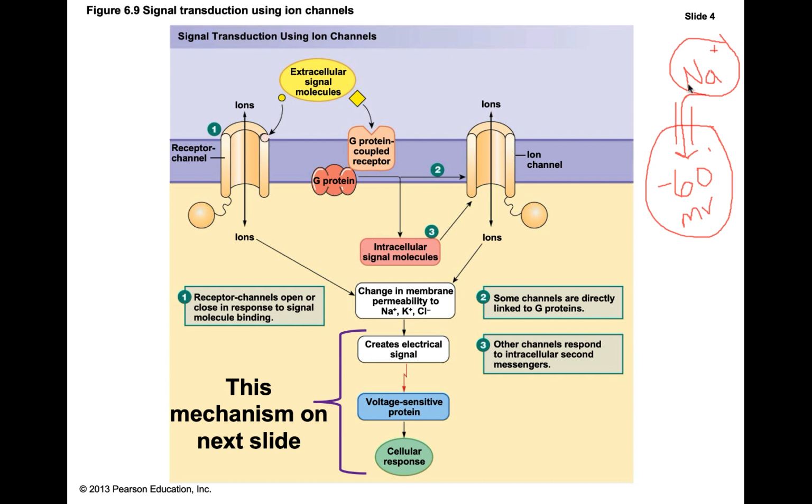When you bring a positive charge into the cell, you're going to turn this negative 60 into a negative 50, into a negative 40, negative 30, and so on and so forth. It all depends on how much sodium you allow into the cell. So, changes in voltage create electrical signals. Go ahead and write that down for me. Changes in voltage create electrical signals.